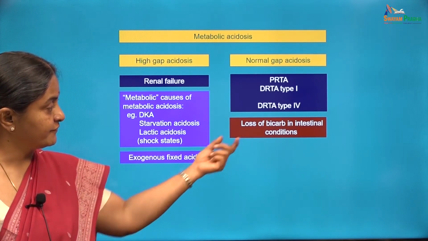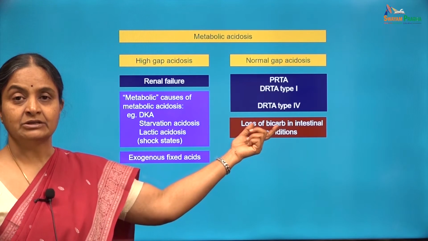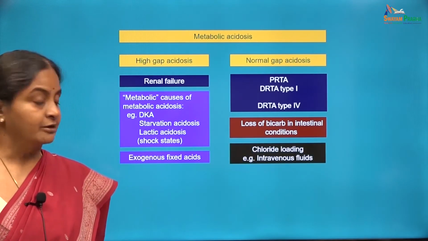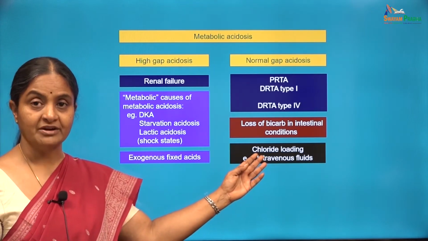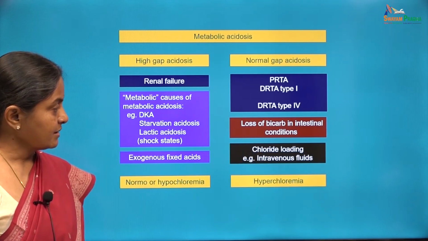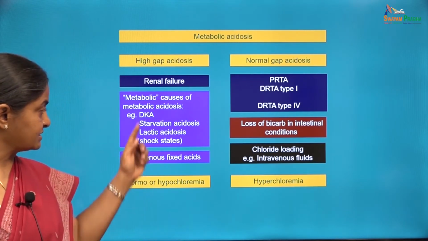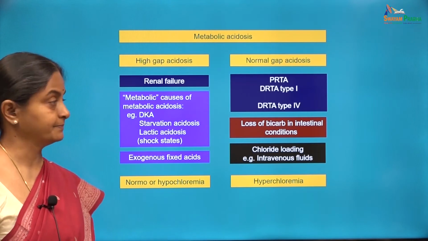Here we have the gastrointestinal conditions: small bowel diarrhea, small bowel drainage, ureterosigmoidostomy, and chloride loading with intravenous fluids which are rich in just chloride like normal saline. So in these states there is hyperchloremia, whereas here chloride can be normal, low, or please note even high.